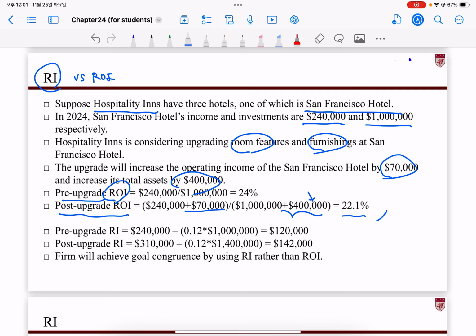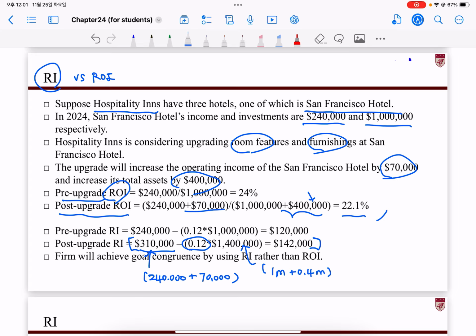After the upgrade, RI looks as the following. So 310K comes from 240K plus 70K, right? And the assets also increase, right? So 1 million plus 0.4 million gives us 1.4 million.